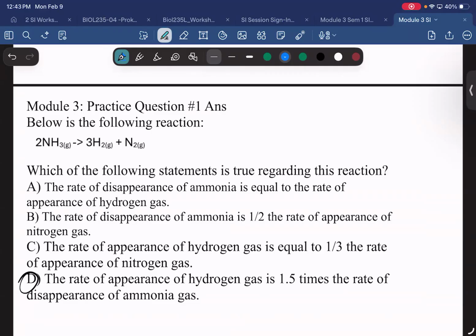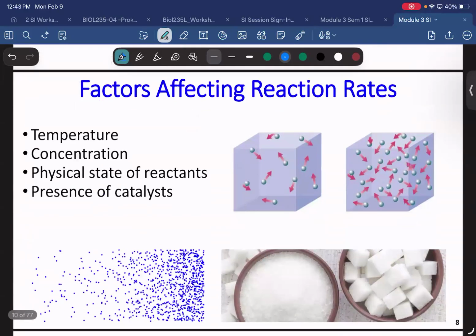All right. Anyways, so these are just some factors that can increase the reaction rate, right?